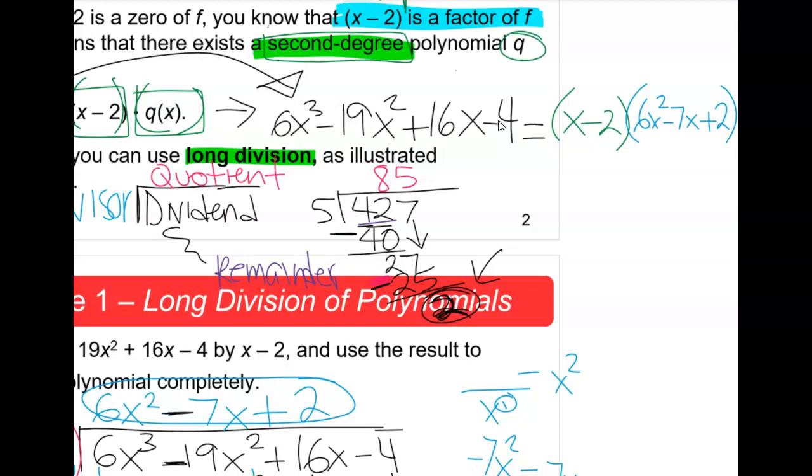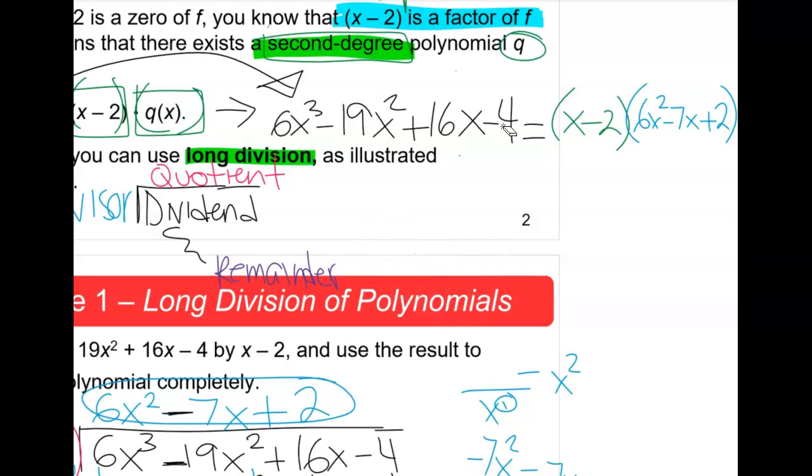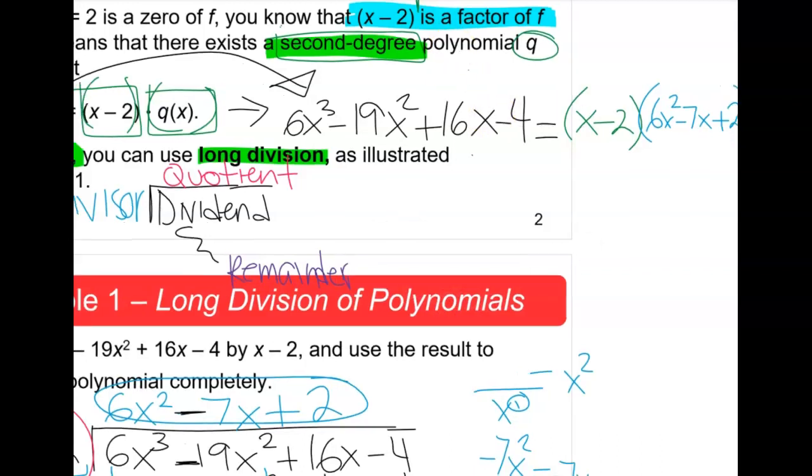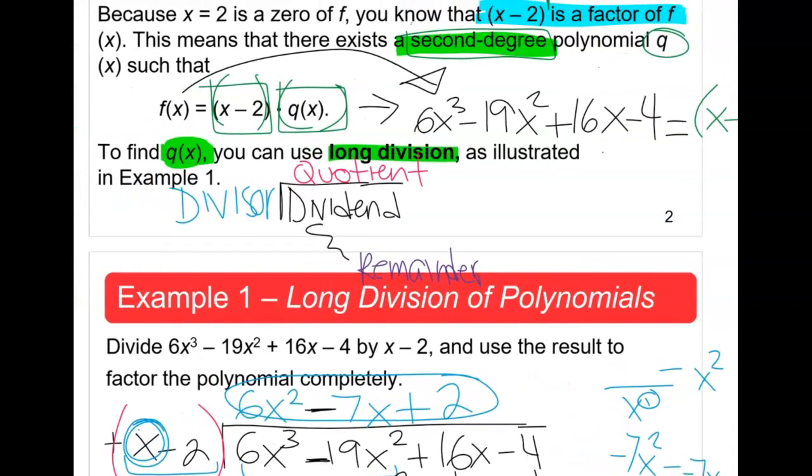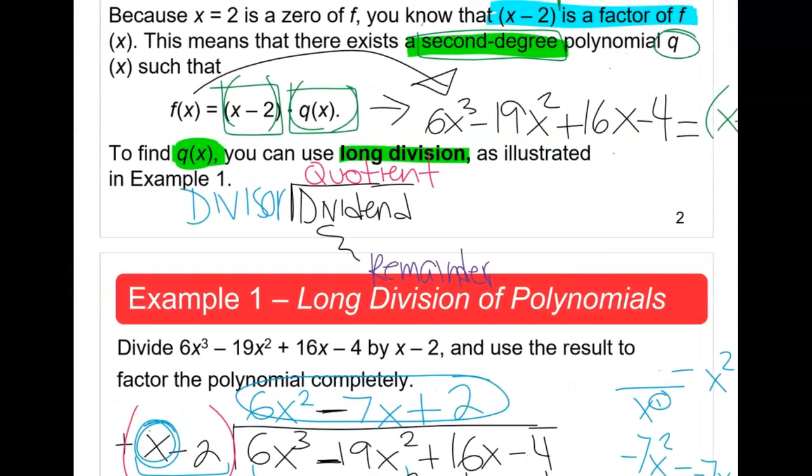Now we could factor this even further. I'm gonna just make a little bit more space. Or we may not be able to factor it even further, but if we weren't able to, then we could use quadratic formula to find the x values.